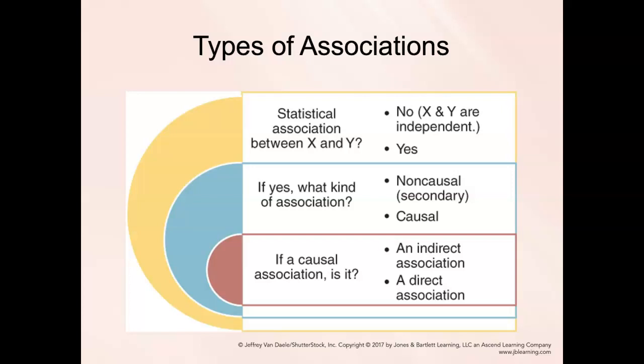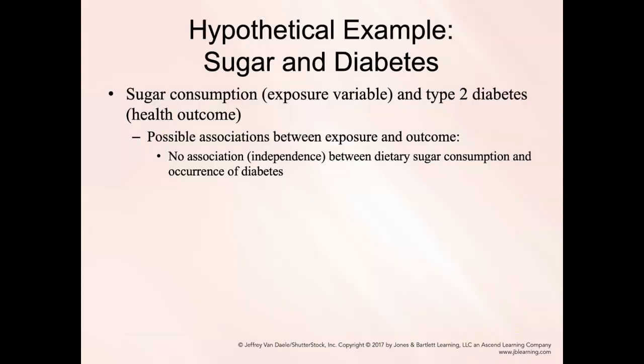So let's talk about an example from your book. Your book provides this example of sugar consumption and diabetes. In this example, sugar consumption is going to be our independent variable. It's our exposure that we're looking at. And type 2 diabetes is going to be our dependent variable. It's our outcome we're interested in understanding. So we might collect our data, analyze that data, and find that there's no association between dietary sugar consumption and the occurrence of diabetes.